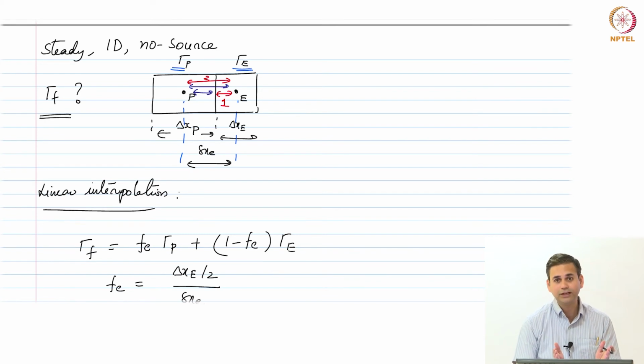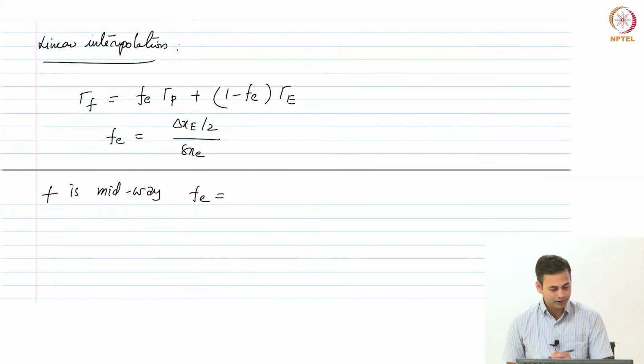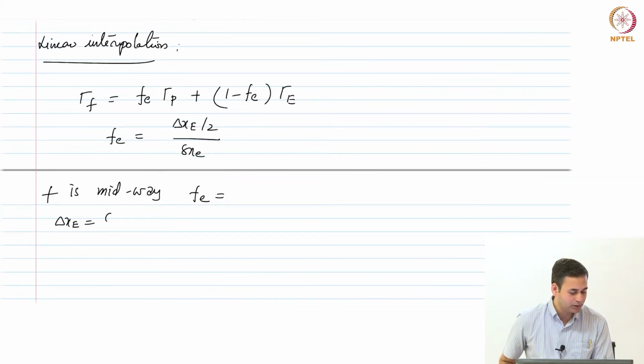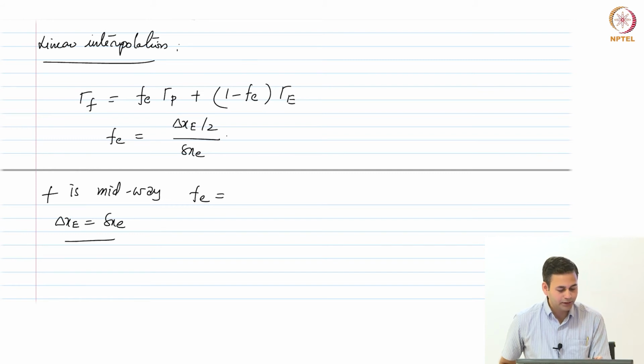That is half, because your delta x capital E equals delta x small e. The width of the cell is the same as the distance between the cell centroids. Only then is it halfway. So delta x capital E equals delta x e, and what will this ratio be? Half, right. You have a half remaining. So this will be 0.5, which means we are looking at midway interpolation.